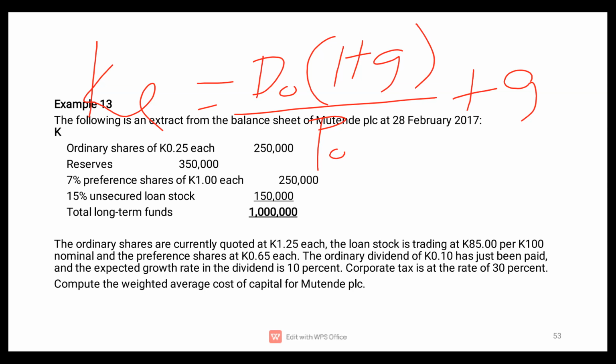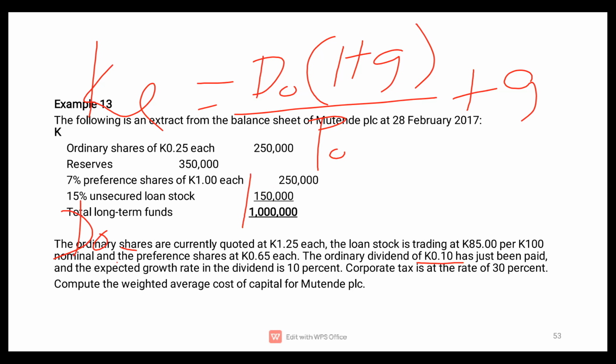So then you have 0.10. D0 denotes the dividend that has just been paid, and we are told that is 10 ngwe.